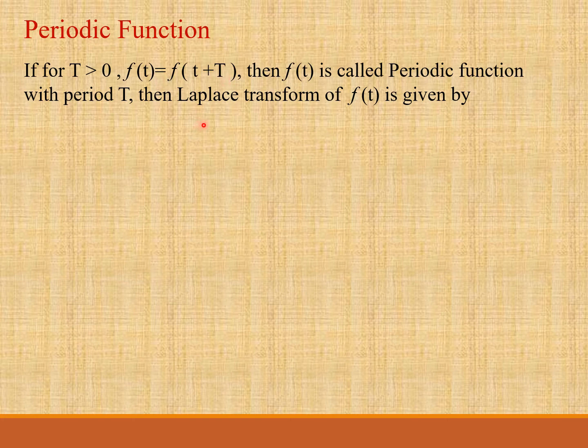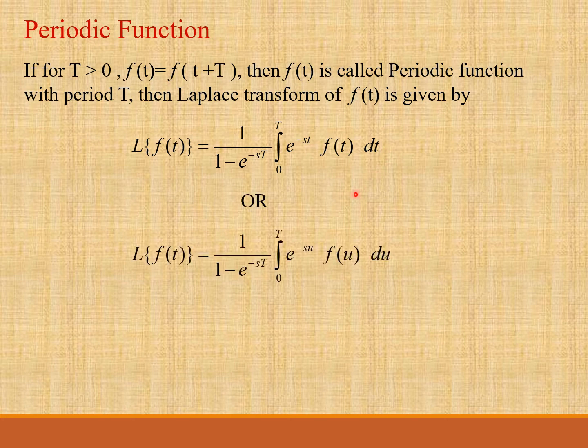Then the Laplace transform of f of t is given by 1 upon 1 minus e raised to power minus sT, integration 0 to capital T, e raised to power minus st f of t dt. Or you can write this Laplace transform in terms of variable u.